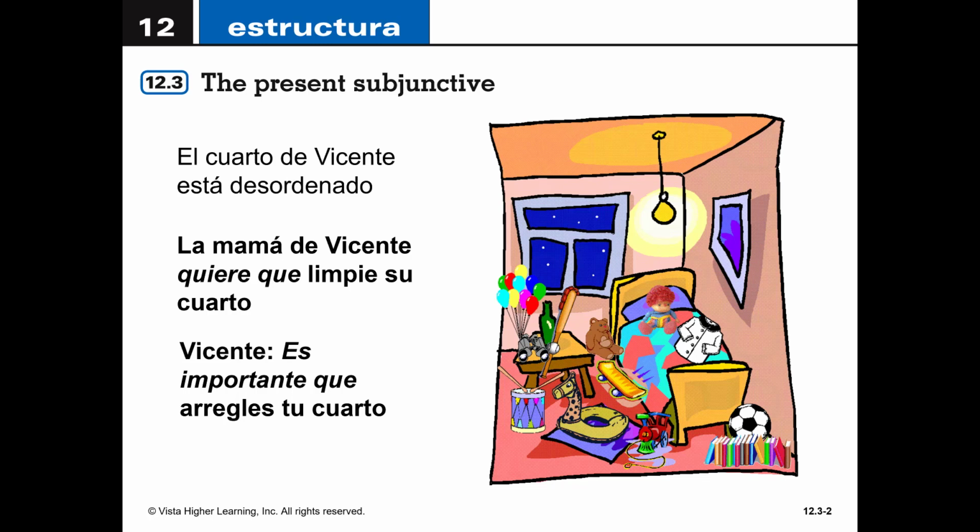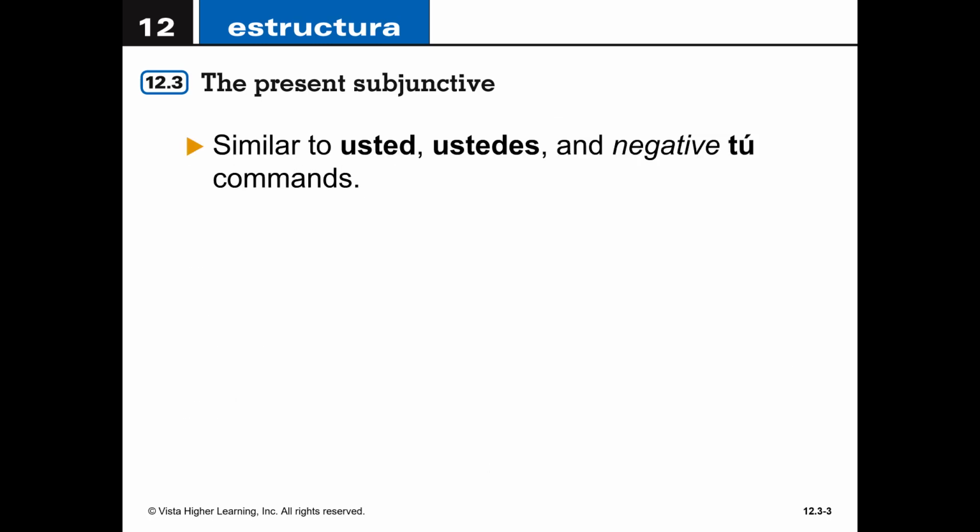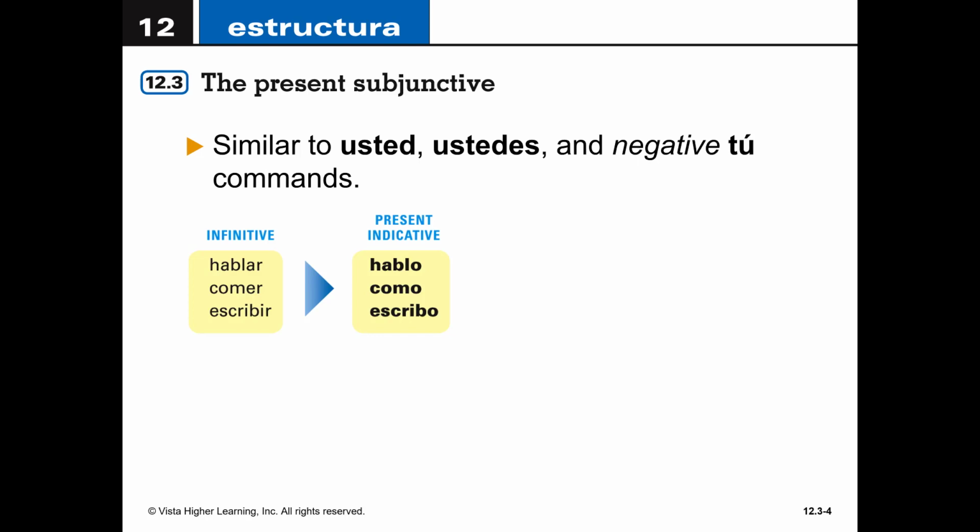So let's now see how we conjugate the present subjunctive. Something that we can take as a referent is the usted and ustedes commands that we just learned. They're also similar to the negative tú commands, in that what you need to do first is to take the infinitive, or take hablar, for instance, and then conjugate it into the present for yo.